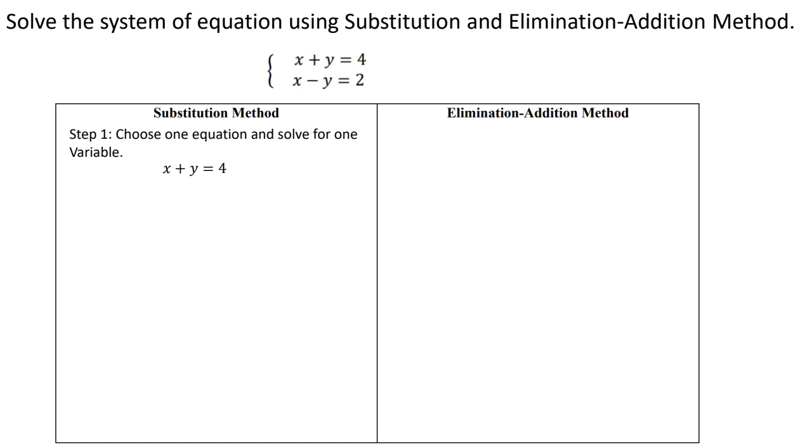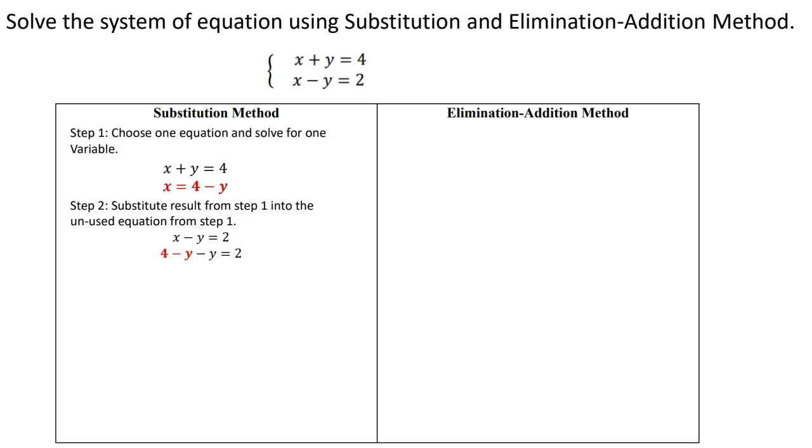In my case, I'm going to solve for x, and I'll have x is equal to 4 minus y. I moved the y to the other side, that's all I did. Now I'm going to substitute this answer into the other equation.